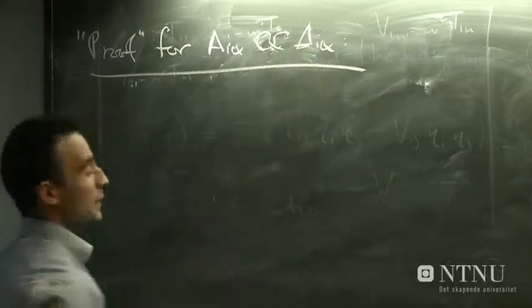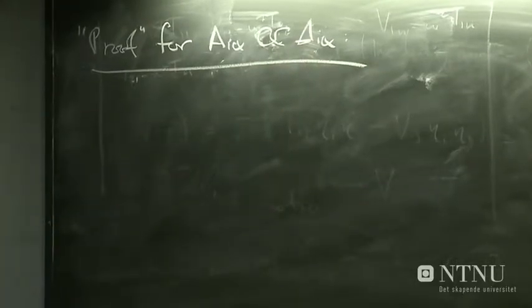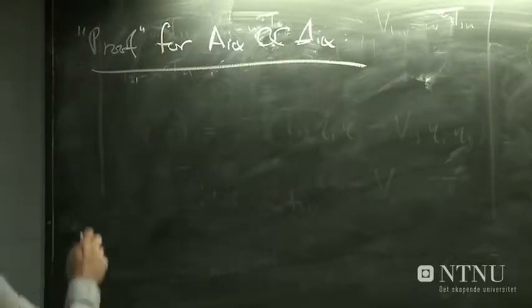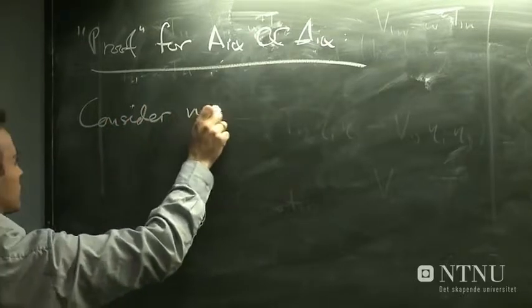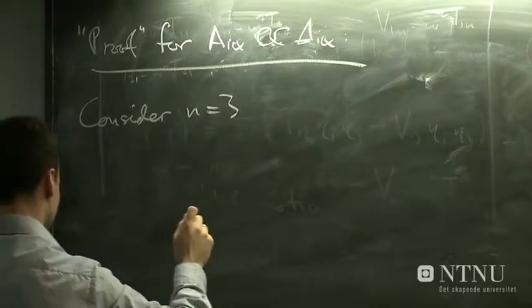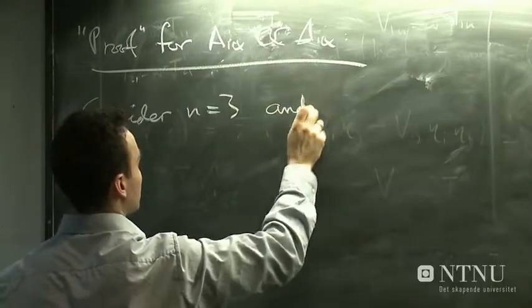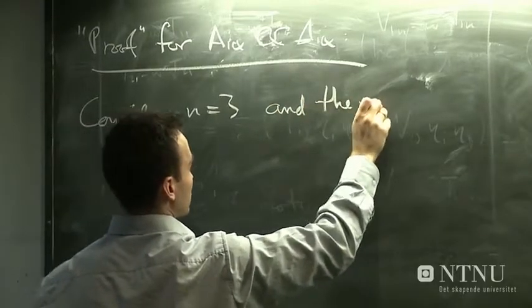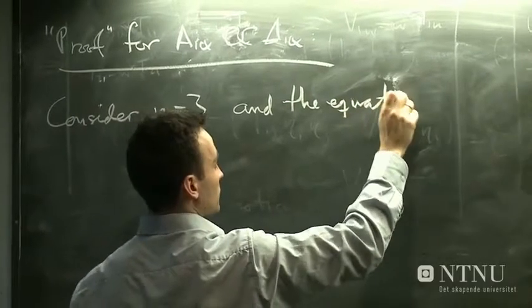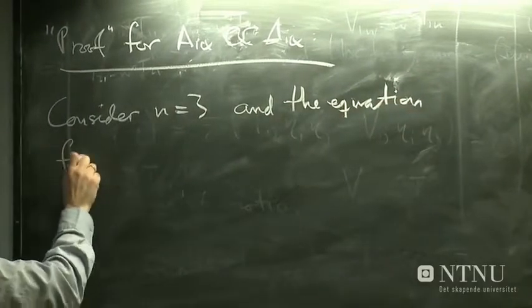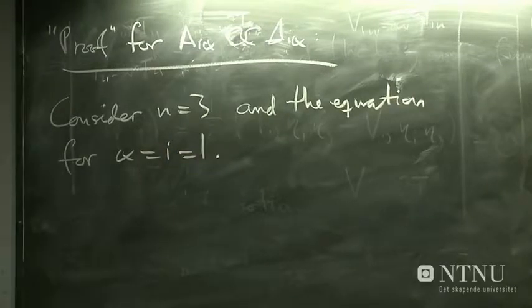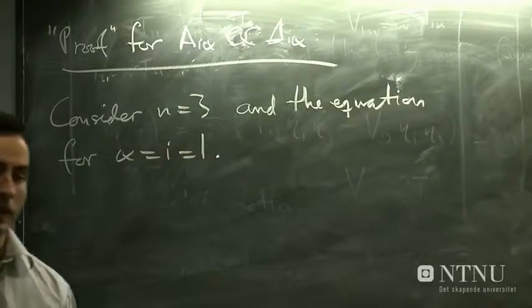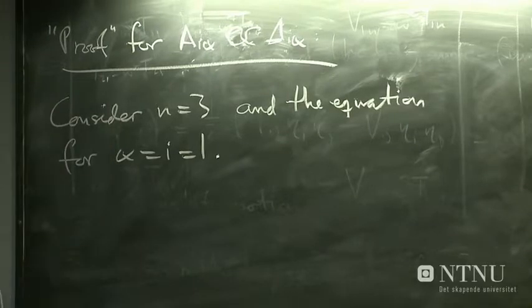That thing here is supposed to be a proportionality constant. So we consider the case where n equals 3, and consider to begin with the equation for alpha equals 1 and I equals 1.